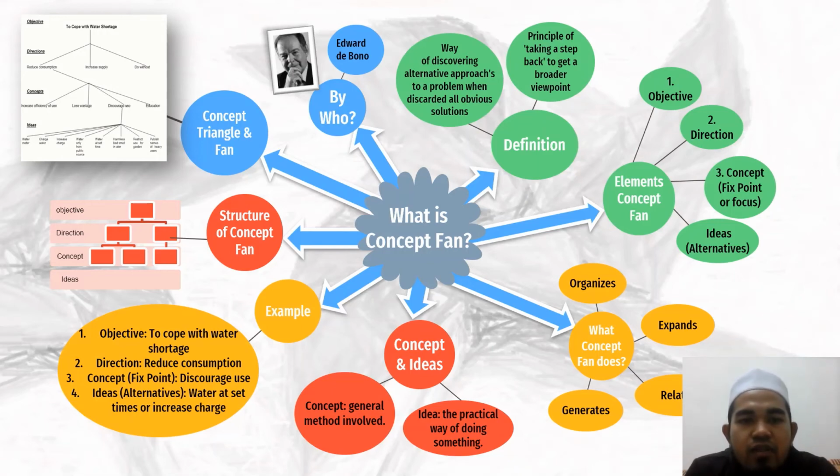And of course, who introduced concept fan. I use the double bubble map as a creative element because when we look at one point, we can know the further details of the mentioned point.